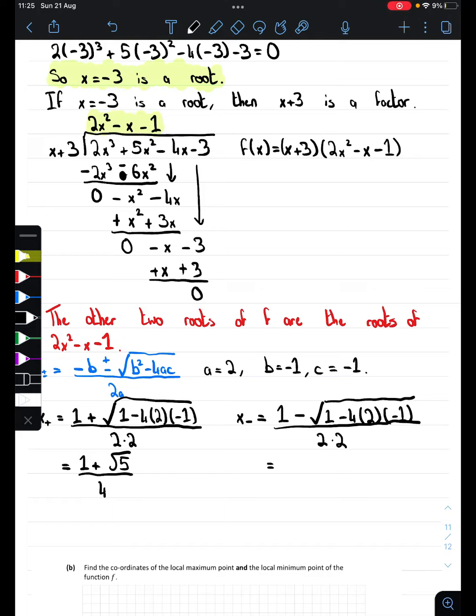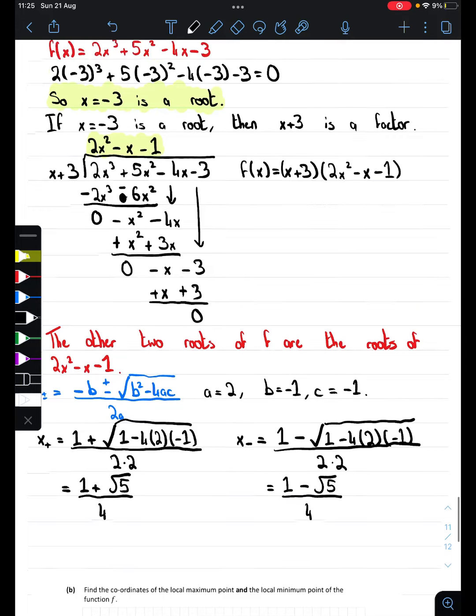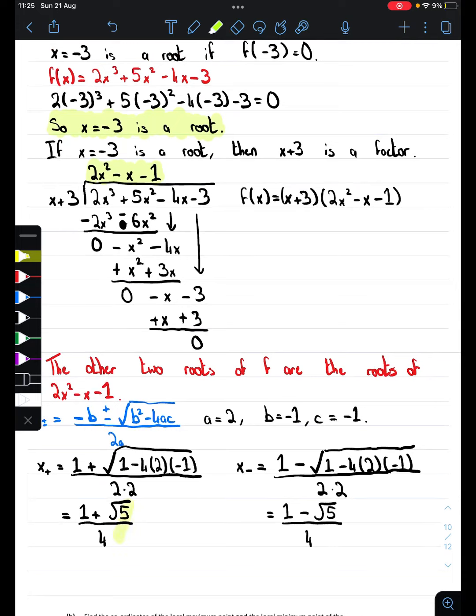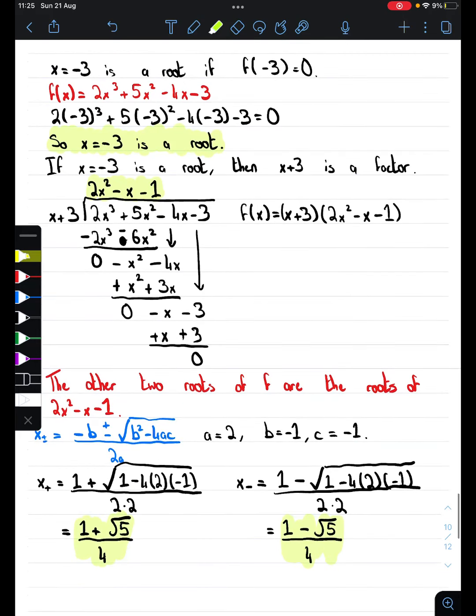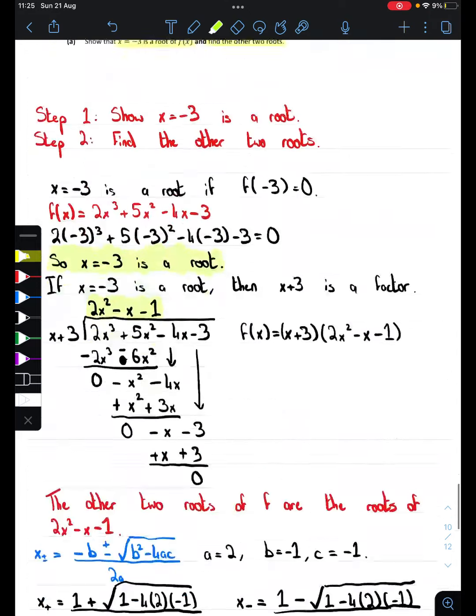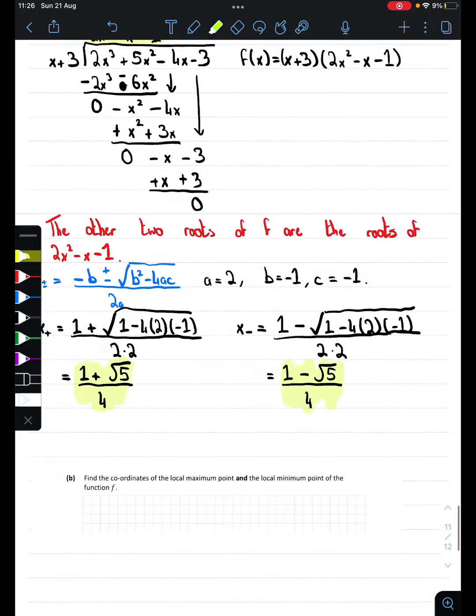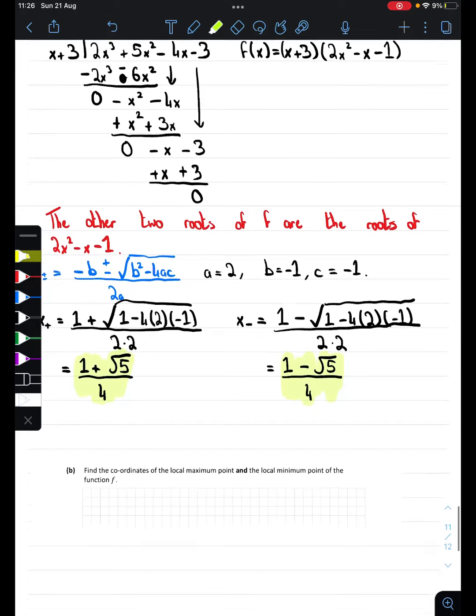And our x minus is 1 minus root 5 over 4. So these are our other two roots of f. 1 plus root 5 over 4 and 1 minus root 5 over 4. Now you could put this into a calculator and get some decimal answer, but I really don't think that's necessary. These answers are perfectly okay.